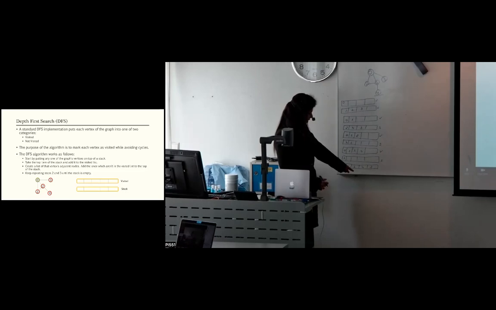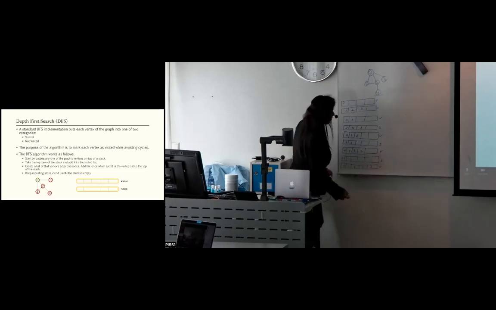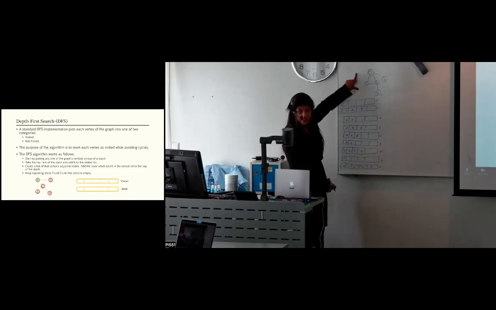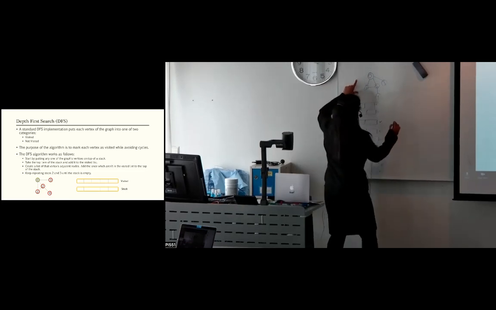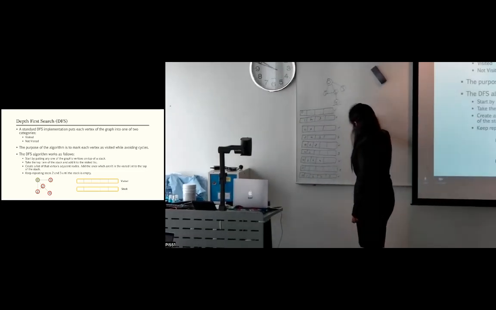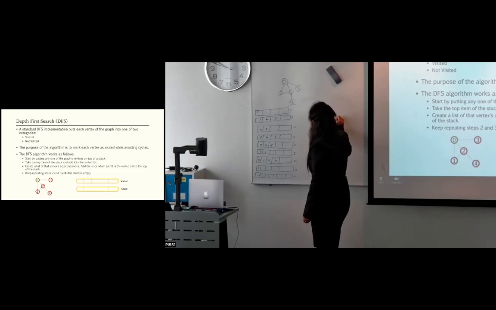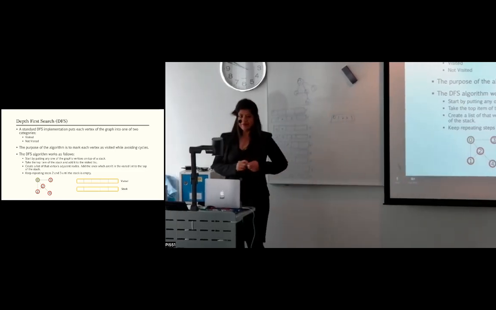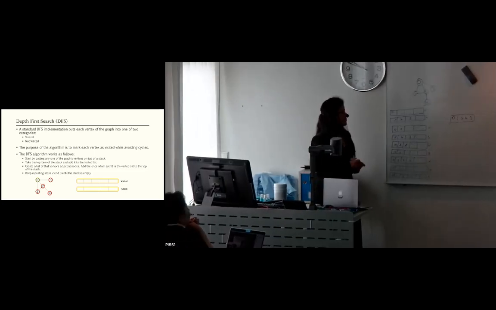So in that way, we have visited all our vertices. So what is the output of this? 0, 1, 2, 4, 3. In that way, because this is a graph.